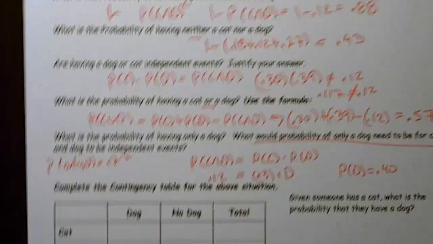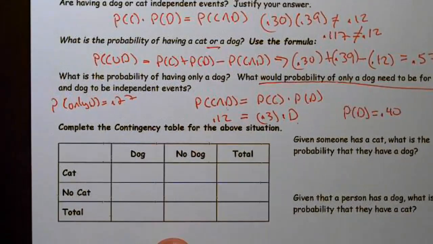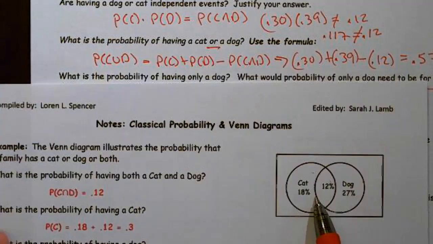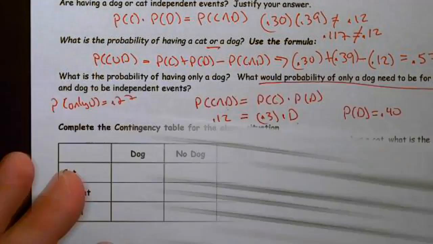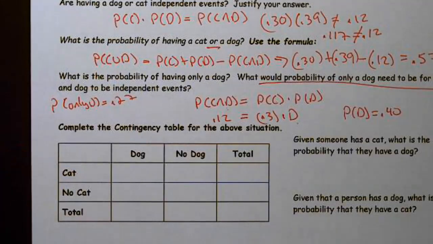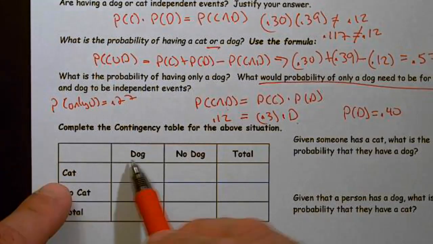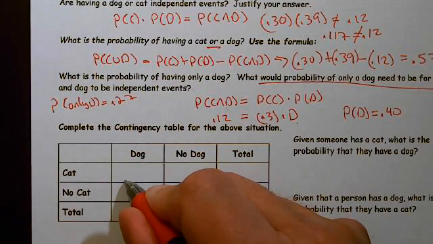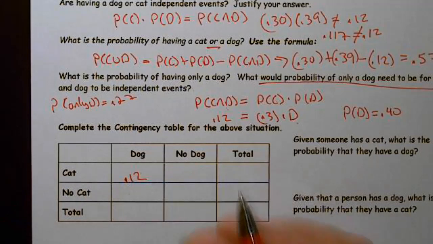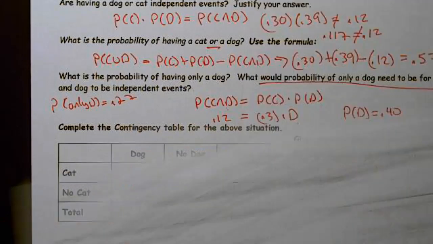Okay, so we're going to use what we know about this particular Venn diagram. Well, this is 0.43, and we're going to complete a table. This right here is the intersection of cat and dog. What's the probability of cat and dog? 0.12. All right.